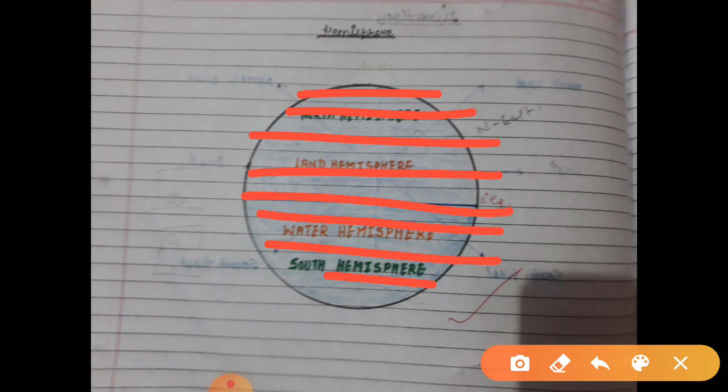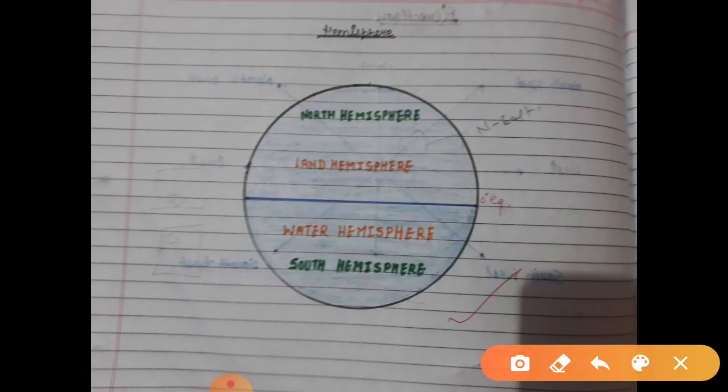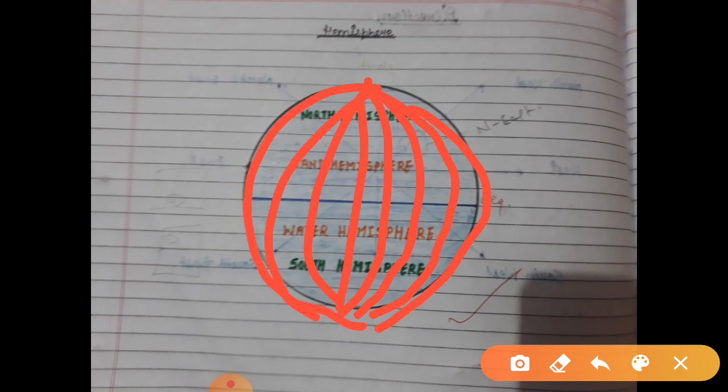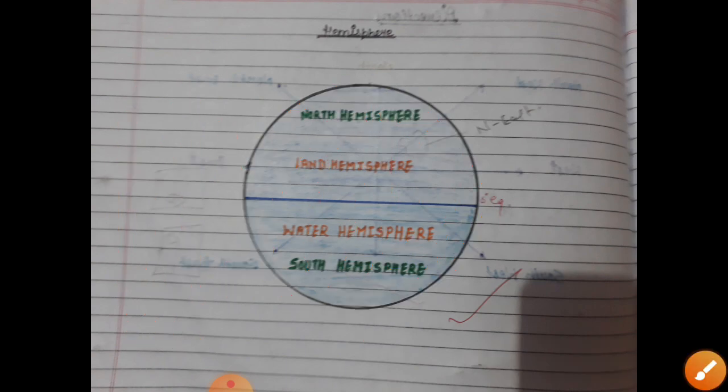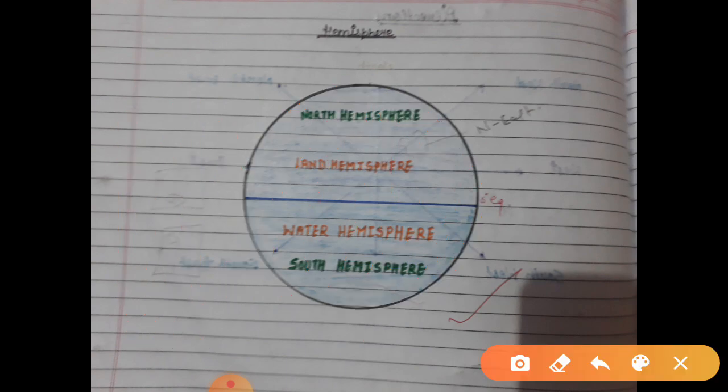So here is a trick: the lines that are lying horizontal, these will be latitudes, and the lines rising from the North Pole to the South Pole, connecting them, these lines are long, so they will be known as longitudes. So these are the imaginary lines.